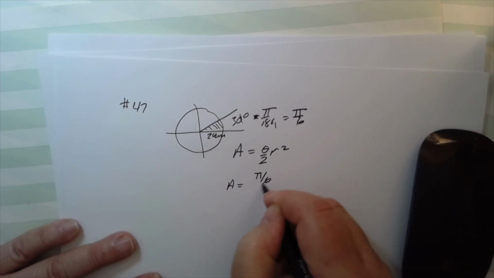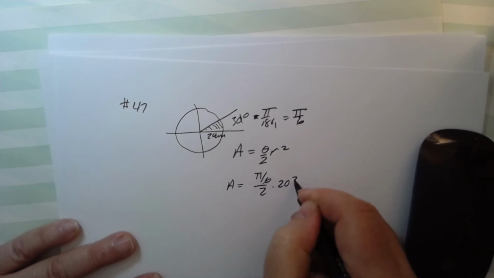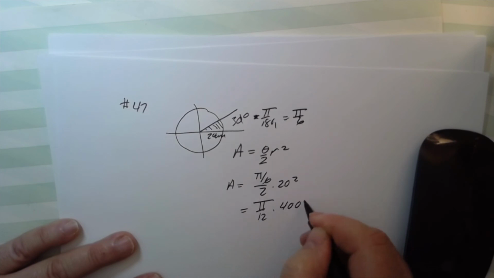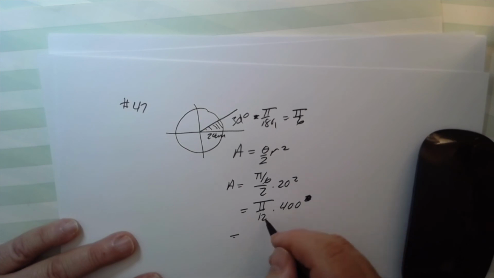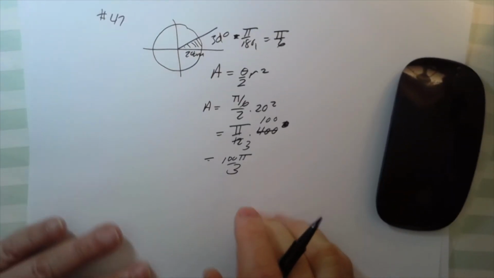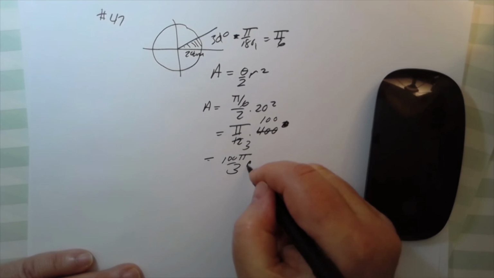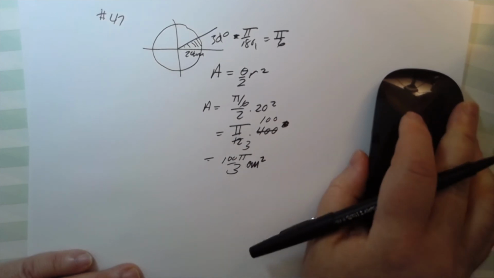So I have pi over 6 divided by 2 times 20 squared. This would be pi over 12 times 400. Let's see, 4 goes into both of those. So you get 100 pi over 3 for the area of your sector. And the units would be centimeters squared because it now is area.